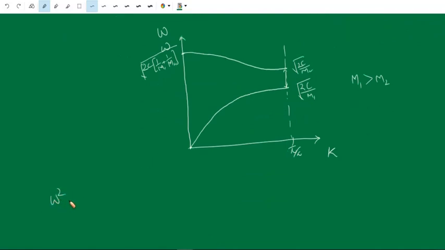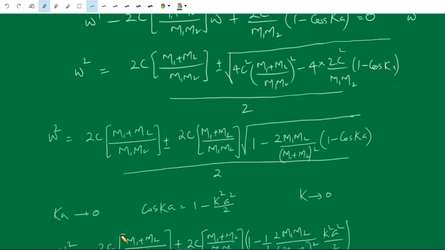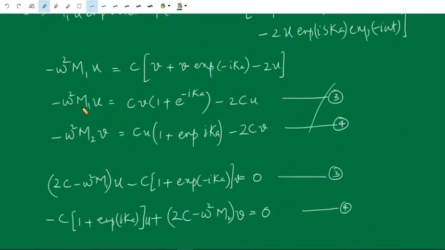Omega square is equal to, first let us take the optical mode. Omega square is equal to 2c (1 by m1 plus 1 by m2). So this is the optical mode. If we go back to equations number 3 and 4, in equation 3 we can write: minus omega square m1 u is equal to c v (1 plus exponential minus ika) minus 2c u.